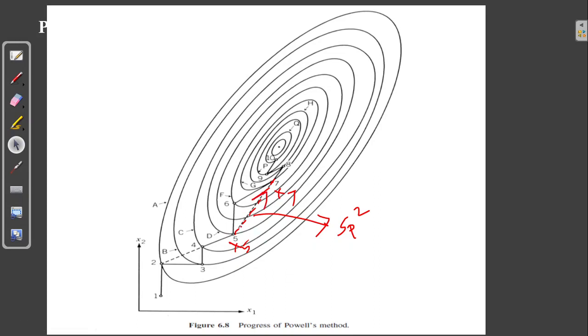That means this will be the new conjugate direction. For these to be conjugate directions, we should have the two hyperplanes h1 and h2.